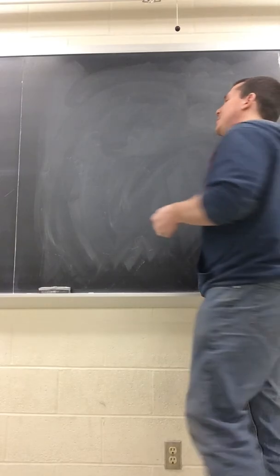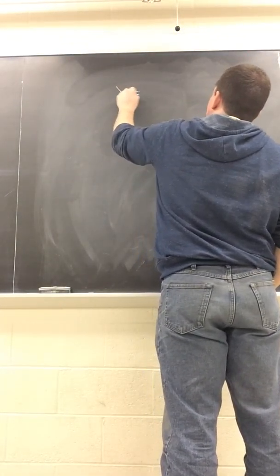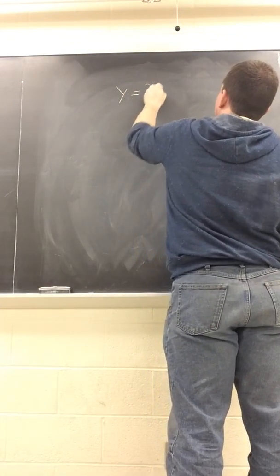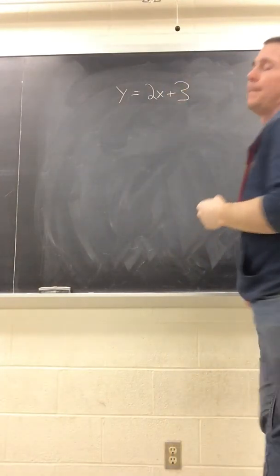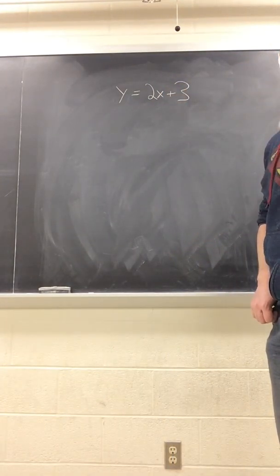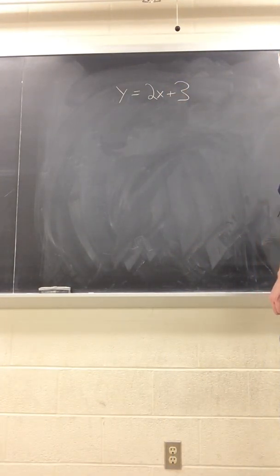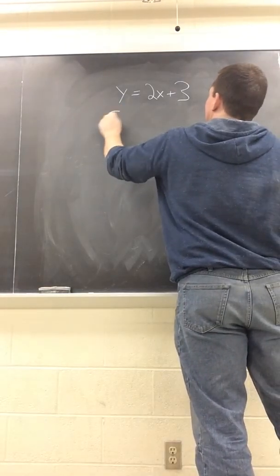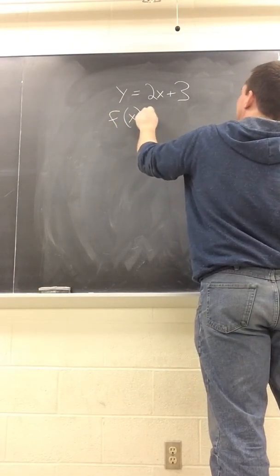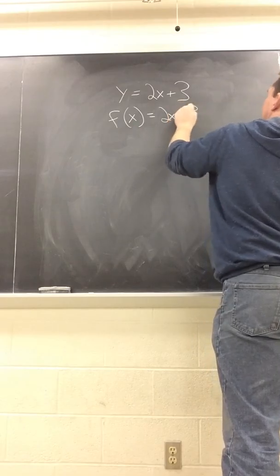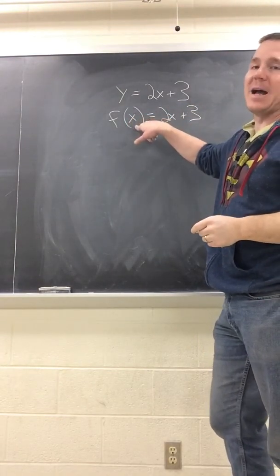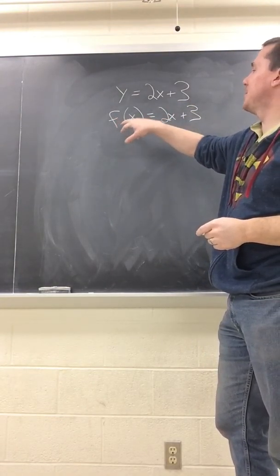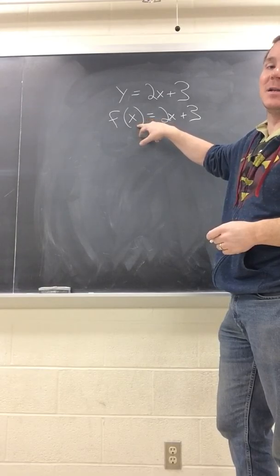First off, function notation. We're used to seeing things like this, y equals 2x plus 3. Now we want to write that in function notation, and all you do is you replace y with f of x. That is not f times x, this is notation, it's the function f of the variable x.